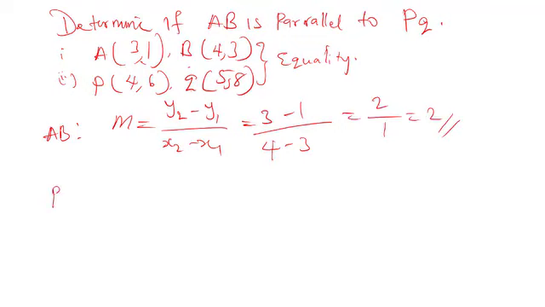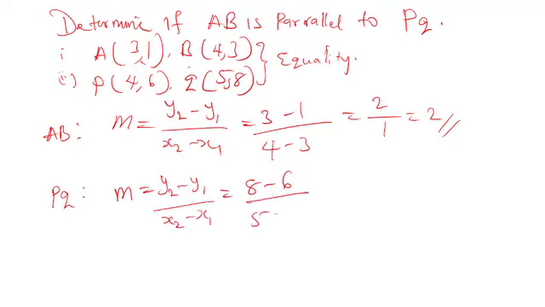Now for PQ, the slope m is y2 minus y1 over x2 minus x1, which is 8 minus 6 over 5 minus 4, which is 2 over 1, which is 2.